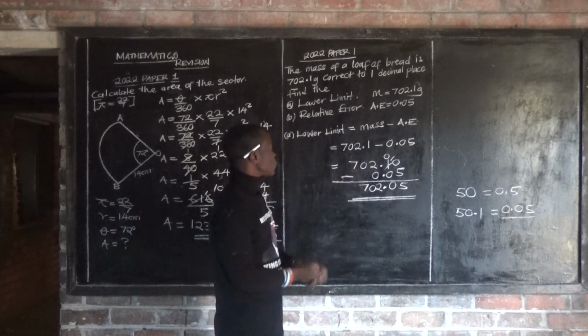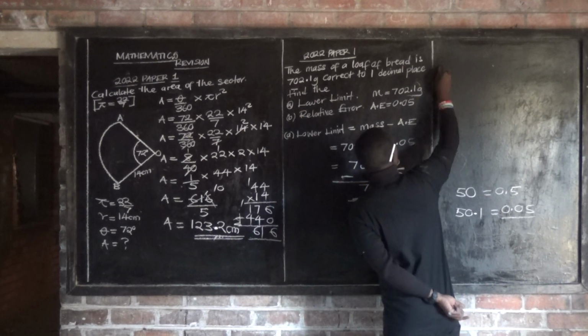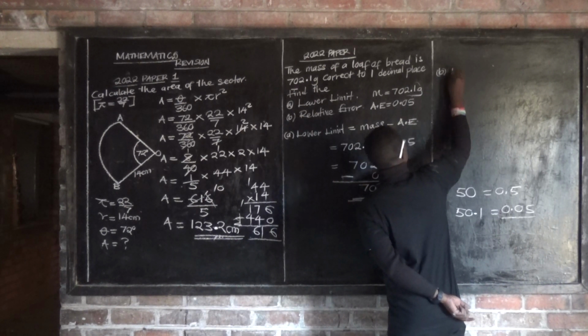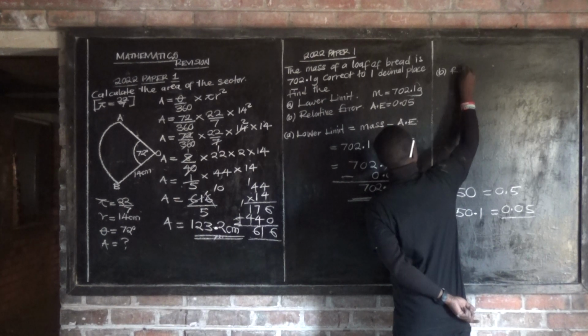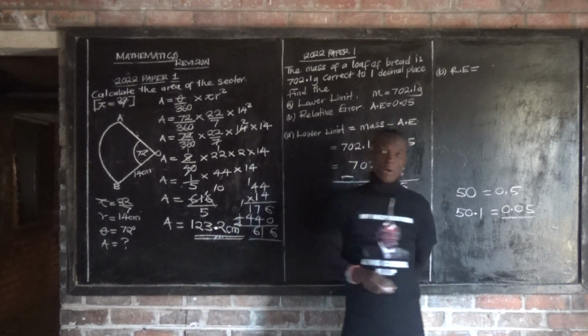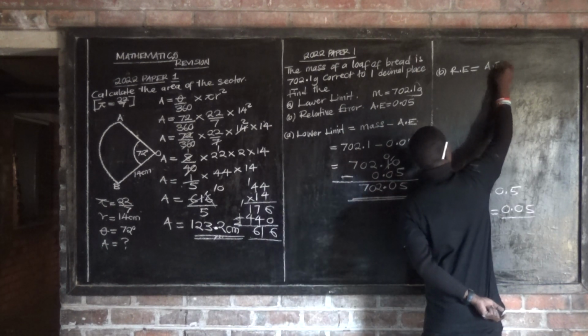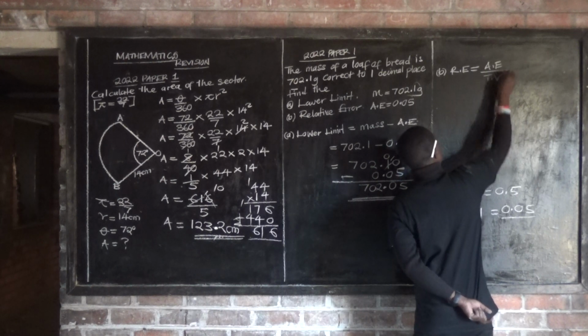Now the last question is the relative error. So question B, we want the relative error. Relative error is equal to the absolute error divided by the true value.